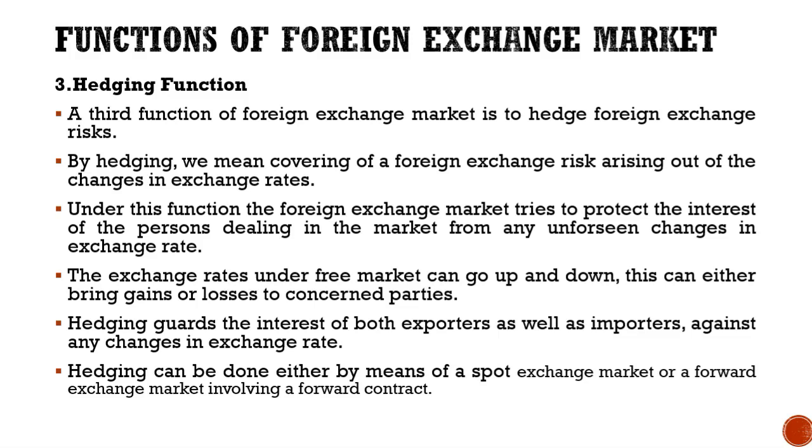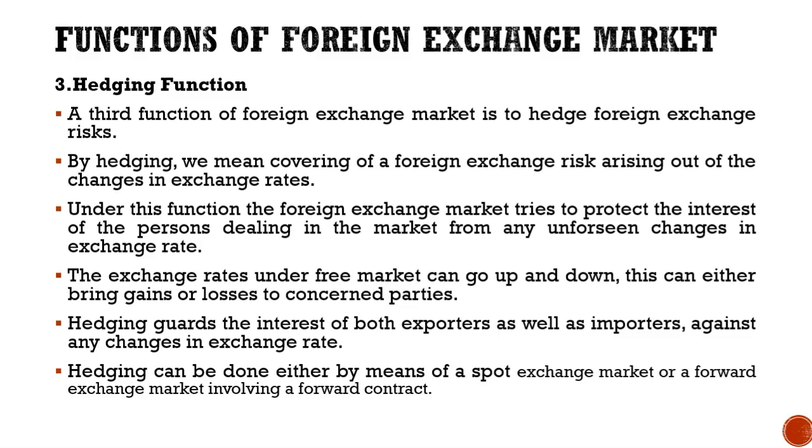However, after 1 month, you don't know what the rate will be. So let's say at present the rate is $1 equals 70 rupees. After 1 month, you don't know whether it will increase or decrease. So to be on the safer side, you will go into a forward contract stating that after 1 month you will be paying Mr. X an amount equal to $1 equals 71.